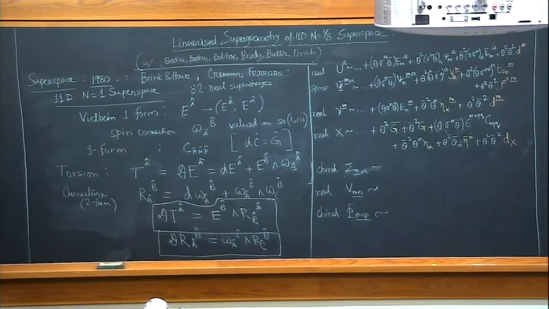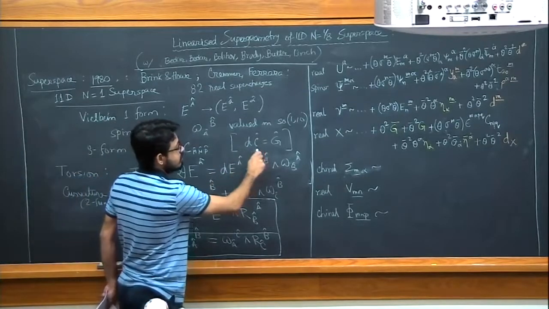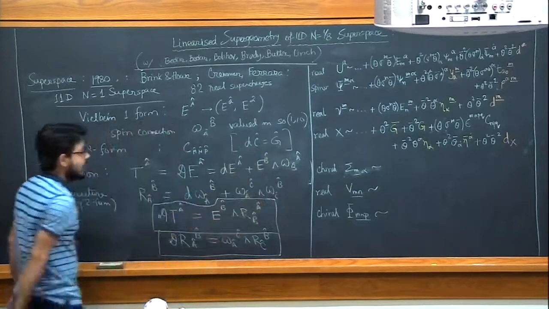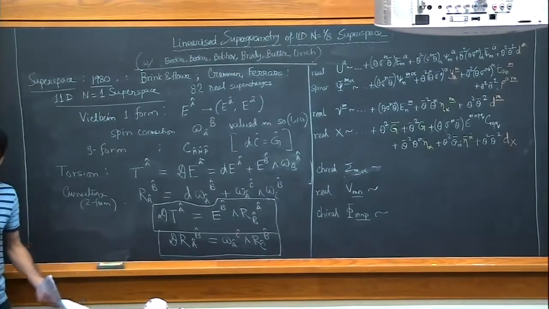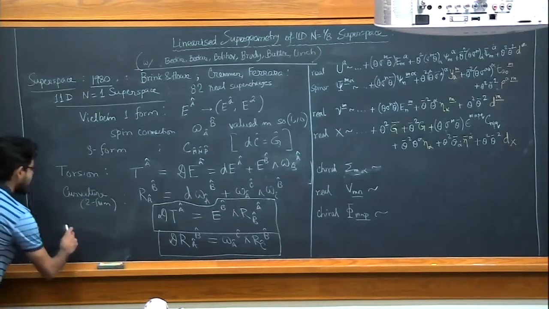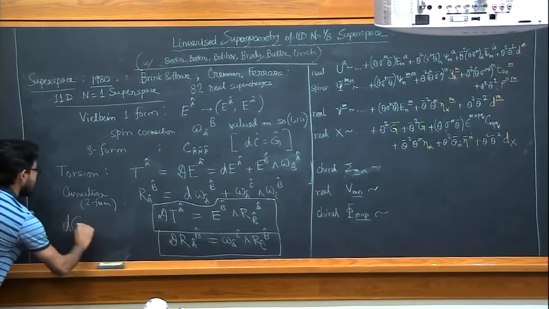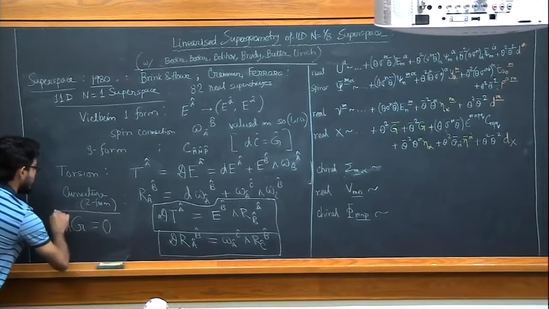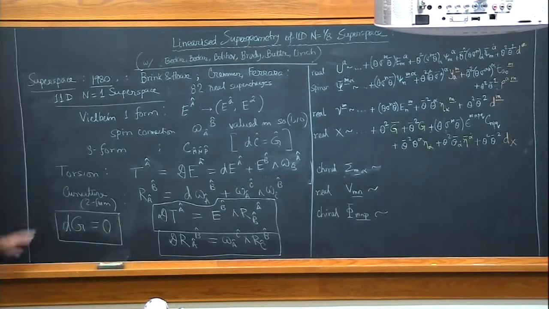But on top of this, we also have this 3 form, which is just the exterior derivative acting on C is G. That would mean that if you make another exterior derivative act on G, it should be 0 because of the fact that d squared is 0. So the third Bianchi identity that we will be looking at is that dG must be equal to 0. So this is very traditional superspace differential geometry.